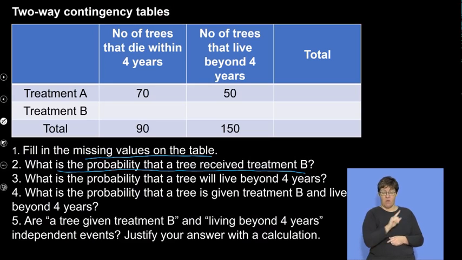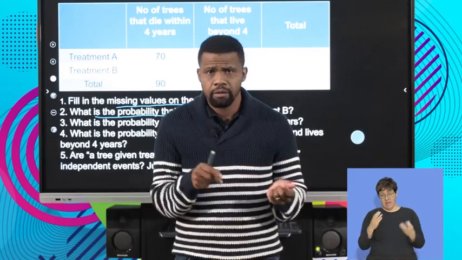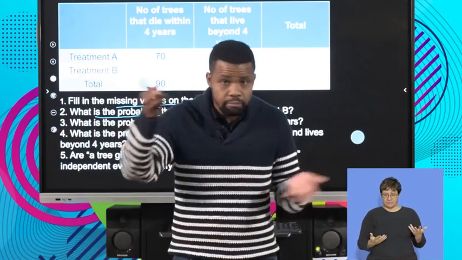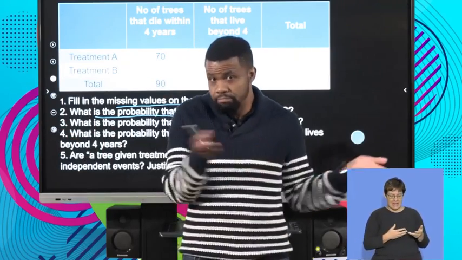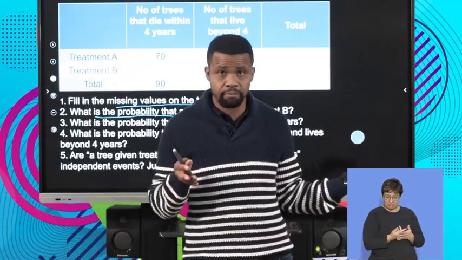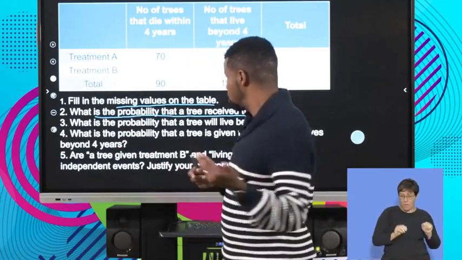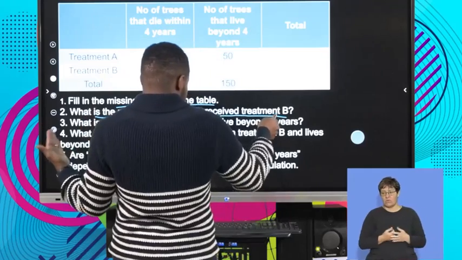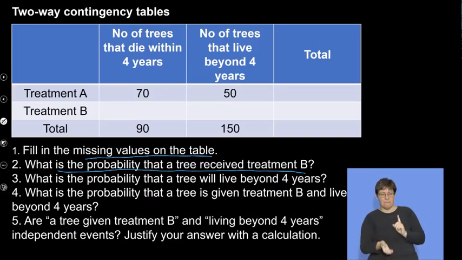Because remember, we have two treatments, A and B. So at random, any tree can receive any treatment, A or B. Are we all together? So what is the probability that a tree receives treatment B? What is the probability that the tree will live beyond 4 years?